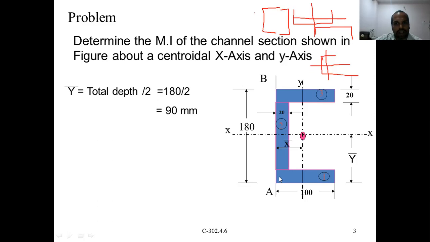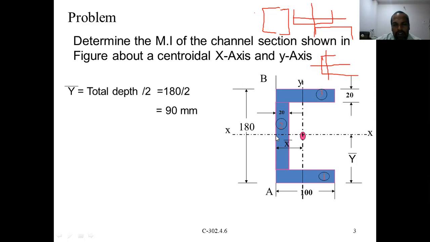Like this one also, this is symmetric about the x-axis, right? As this channel section is symmetric about the x-axis, what about y bar? Y bar is nothing but total depth by 2. Because if you cut here, both parts have the same area, same size, same shape, everything is the same on both sides of this axis. That is nothing but the axis of symmetry.